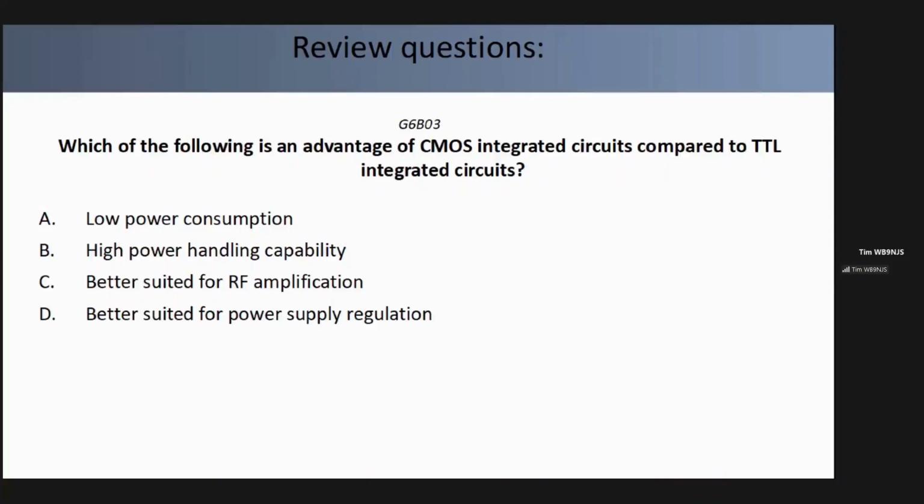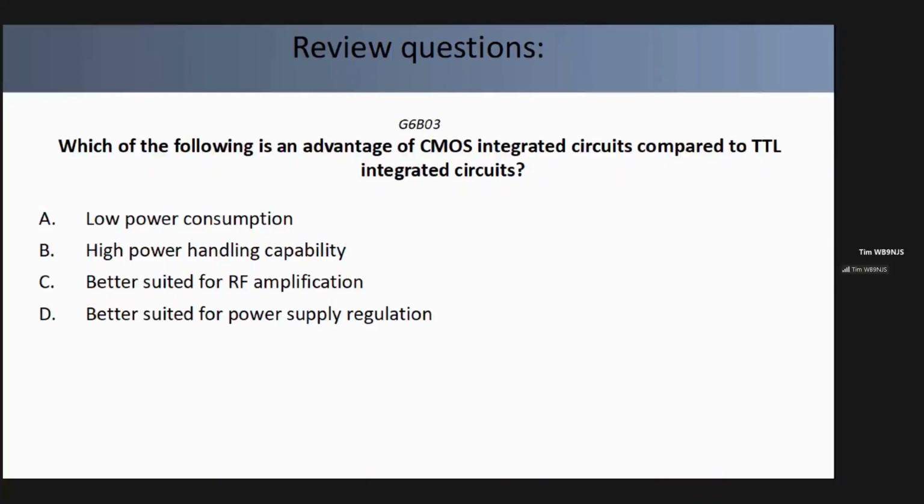sub-element 6, which of the following is an advantage of CMOS integrated circuits compared to TTL integrated circuits? Low power consumption, higher power handling capability, better suited to RF amplification, better suited to power supply regulation. Well, TTL, that's transistor logic.